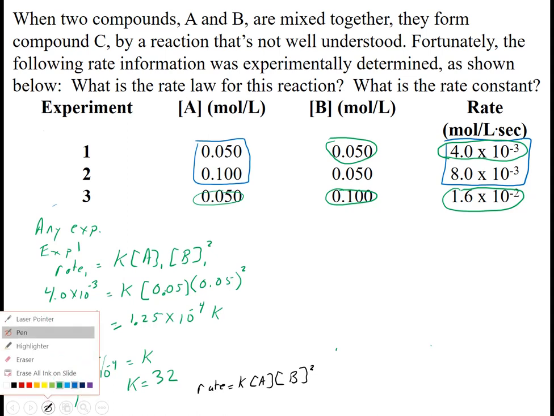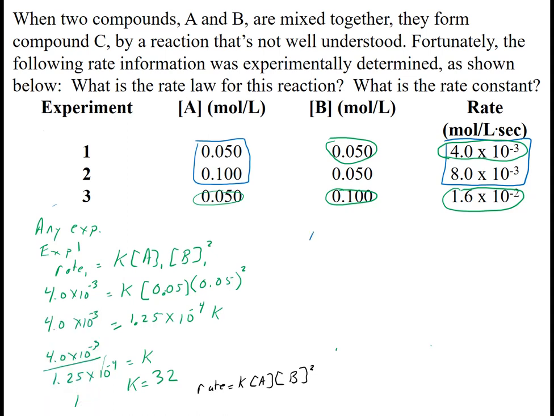So for experiment 2, it's basically the same thing. The rate for experiment 2 is k times the concentration of A for experiment 2 times B for experiment 2, squared. So it's 8.0 times 10 to the minus 3 equals k times 0.10 times 0.05 squared.